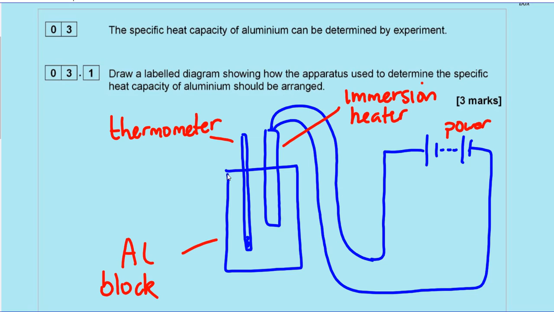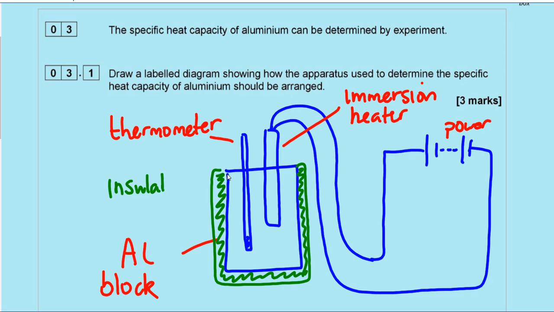Other things that I would have: my aluminium block, I would need to have a layer of insulation around that just to stop some of the heat escaping, as the hot block otherwise will transfer some energy to the surroundings. So I'll be looking to see a layer of insulation around the block as well.